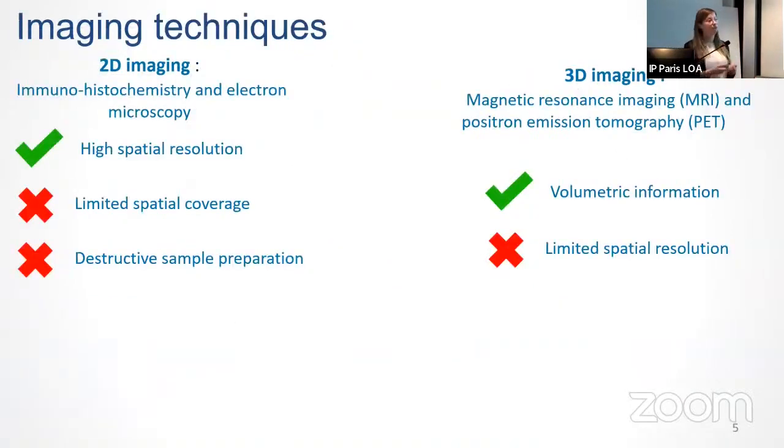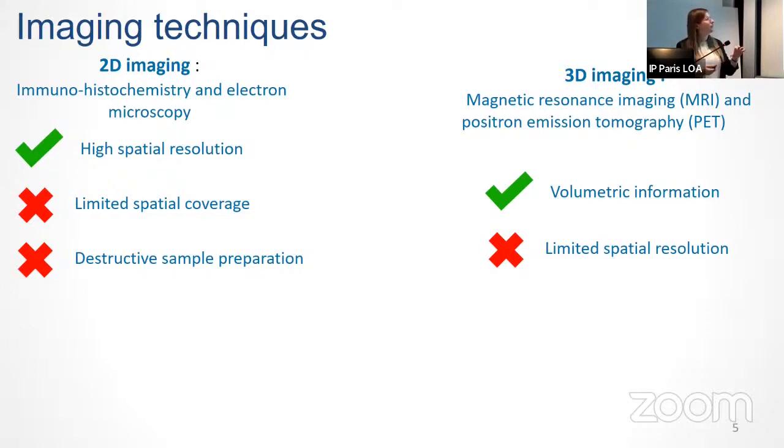So what are the main features of the imaging techniques that we showed? For 2D imaging, we saw that they have very high spatial resolution, but they have limited spatial coverage of the sample, since normally it is needed to slice the sample into several sections. So we have a destructive sample preparation.